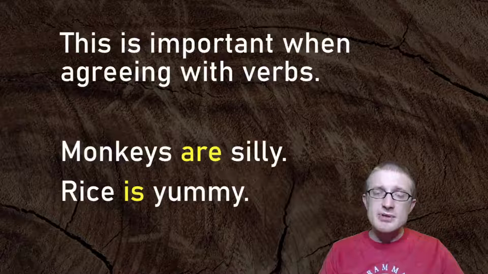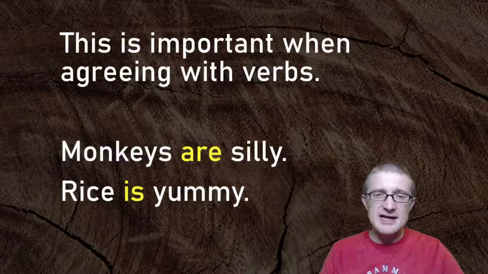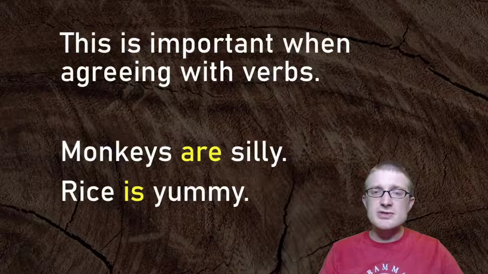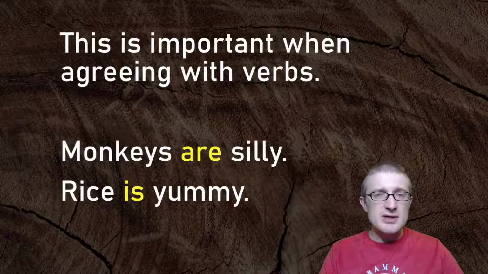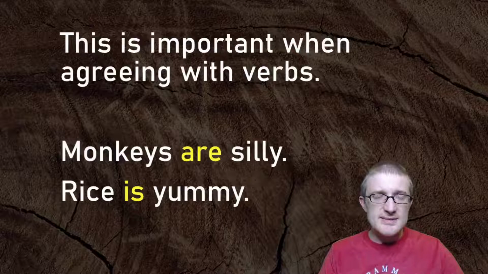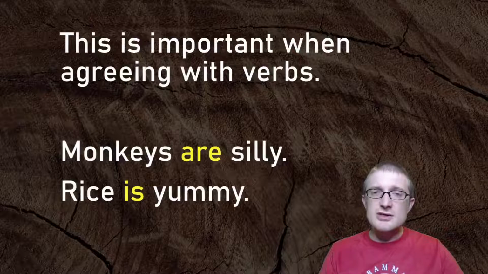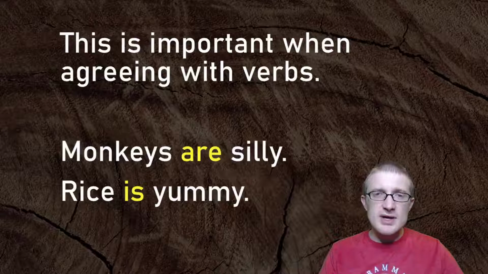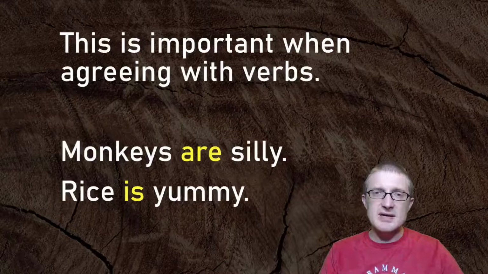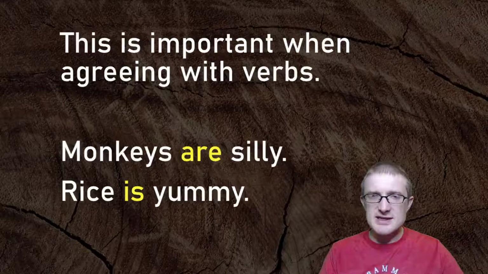When we have a plural noun, so more than one, we have that S on the end like monkeys, we use are. If we have a singular noun, then we use is. And uncountable nouns like rice use a singular verb. So rice is yummy. Or information is interesting.